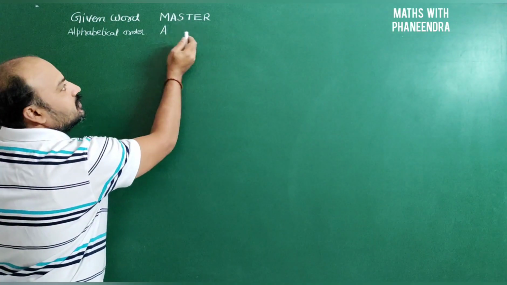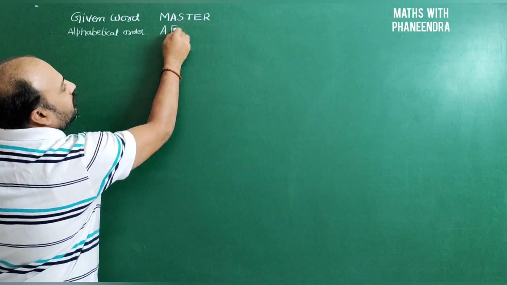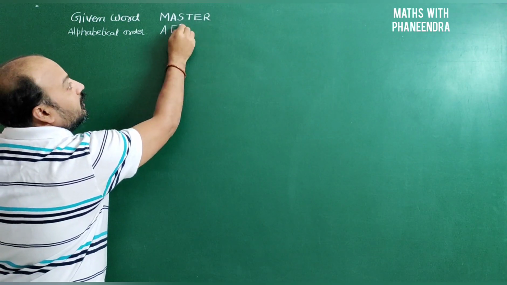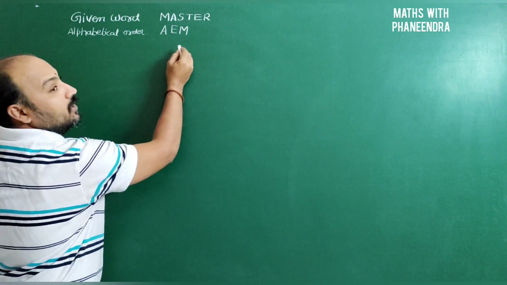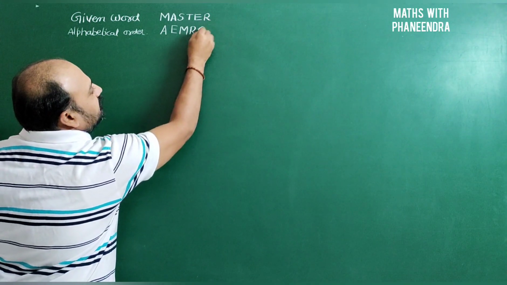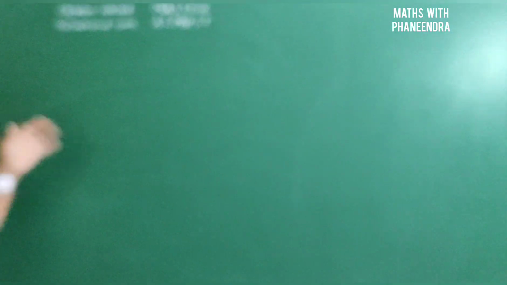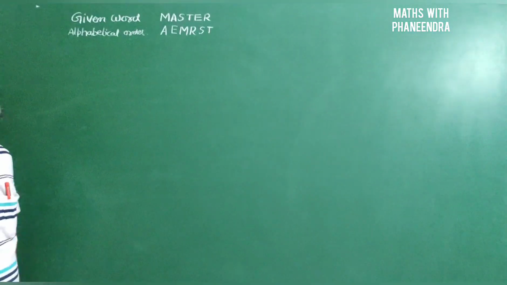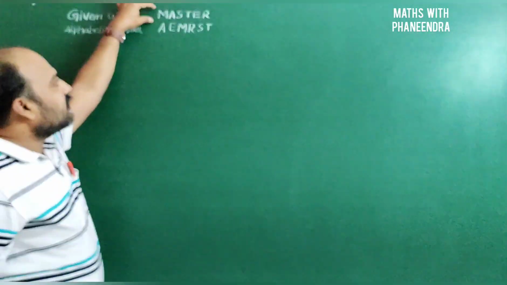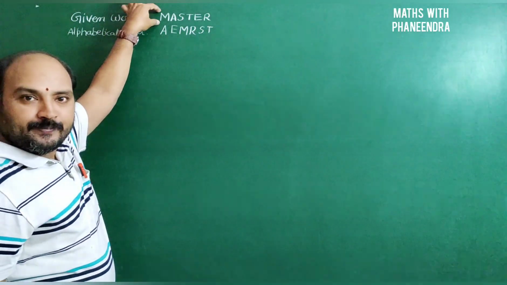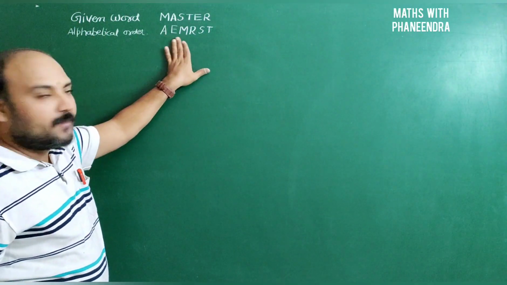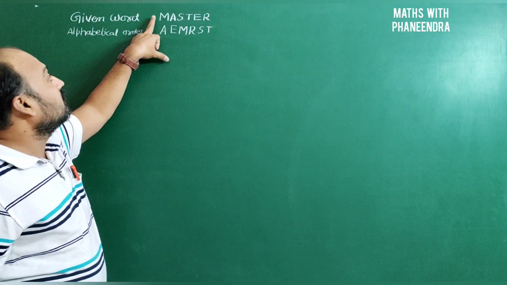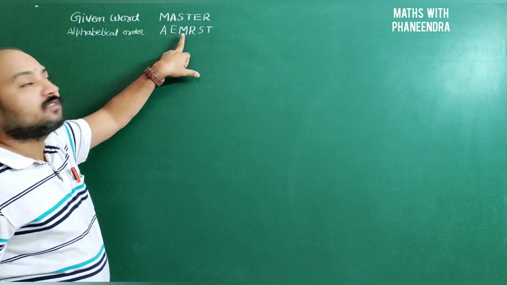A, B, C, D, E, F, G, H, I, J, K, L, M, N, O, P, Q, R, S, T. This is the alphabetical order for the given word master. In the given word, the first letter is M. So in the alphabetical order, the given word's first letter will be in the third place.